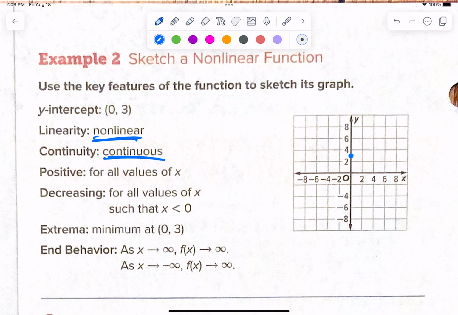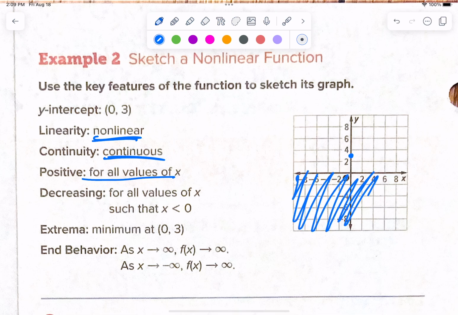All right, positive for all values of x. What does positive mean? Above the x-axis. So I'm going to shade this region to say it does not live there at all, right? You don't have to do that, but I'm going to do that to aid myself so that I know I'm not going to graph anything below that, okay? Decreasing for all values of x such that x is less than 0. Got it, okay?